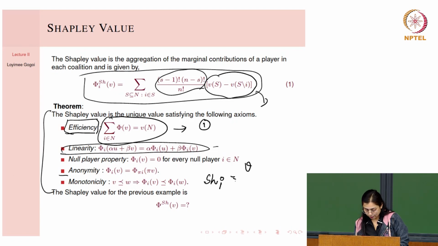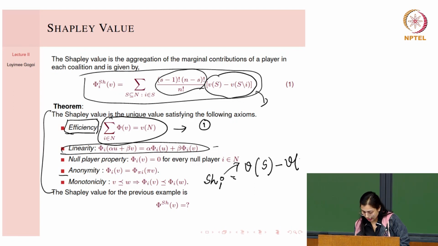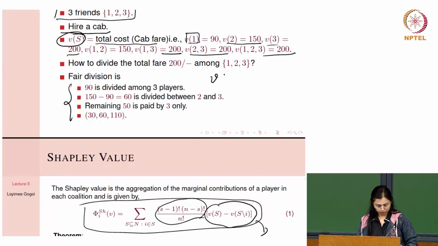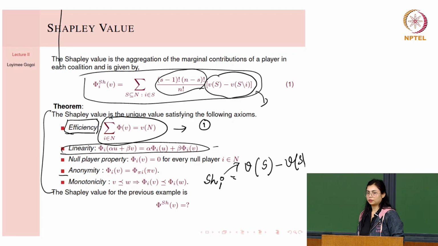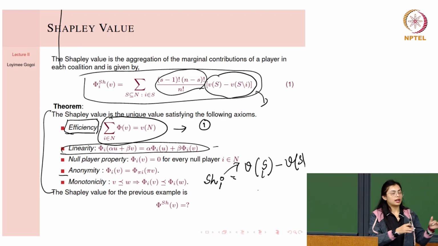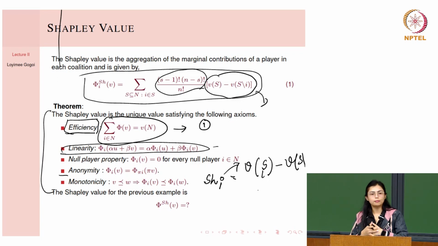Suppose a particular player i belongs to a coalition S, and compare with when he is not in the coalition. What is the difference in value between when he was in that coalition and when he was not? That is called the marginal contribution of the particular player i. So it considers the average of all its marginal contributions.